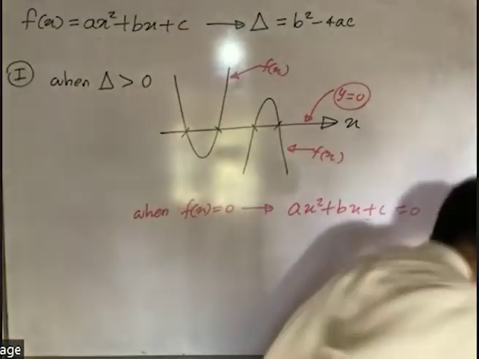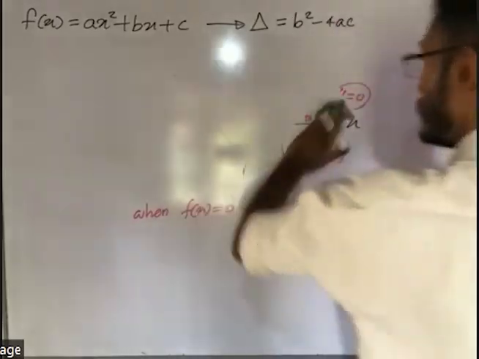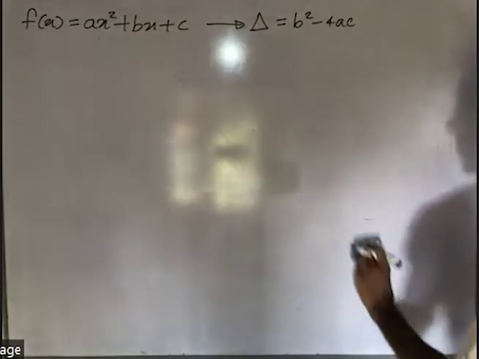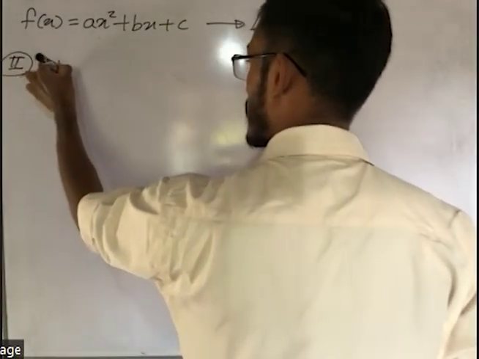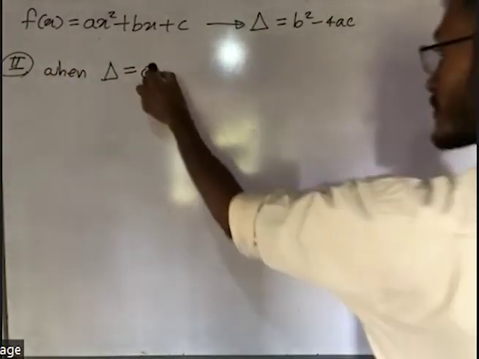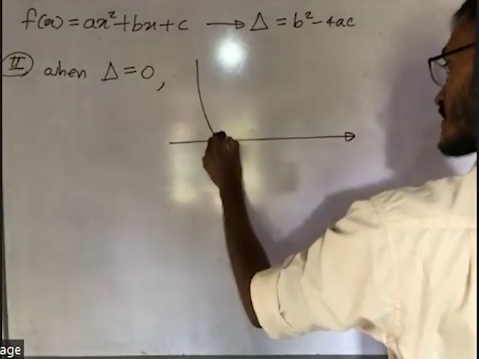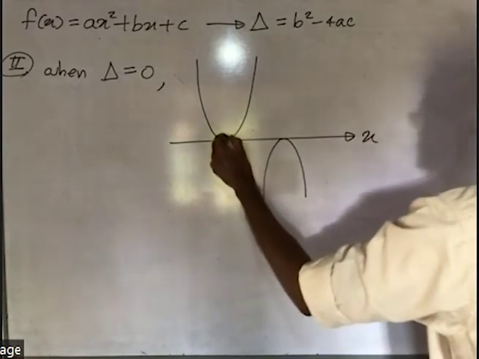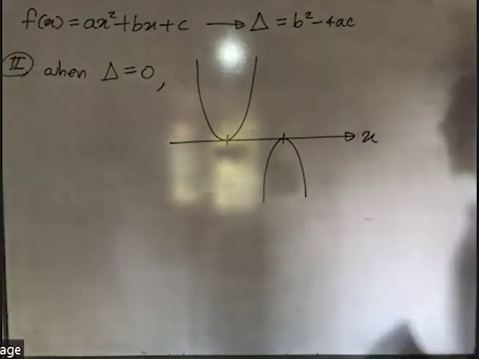Same way, what will happen when delta is equal to 0? Number 2, what will happen when delta equal to 0? Right. When delta equal to 0, if you draw the function, this is the way the function looks. So there is one intersection point, or one point where the function touches the x-axis, right?